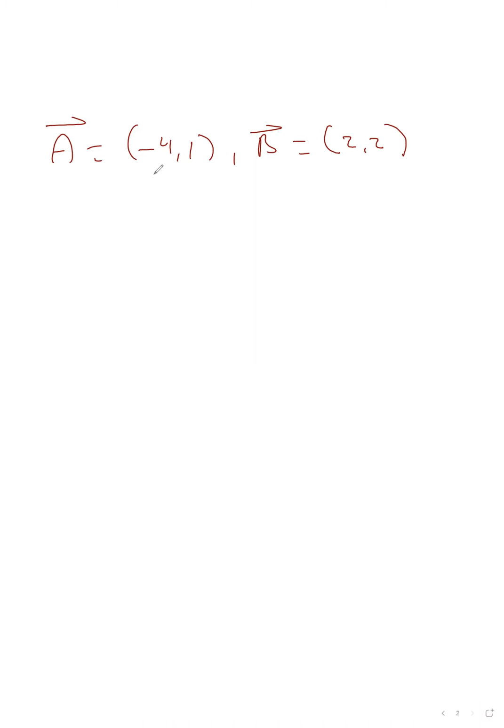Okay. It's negative 4. Cosine theta equals negative 4 times negative 8 plus 2 over square root 16 plus 1 times square root 4 plus 4.